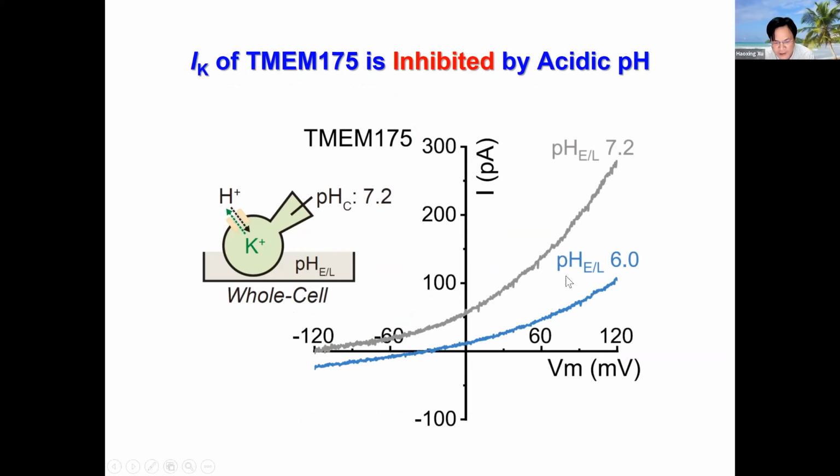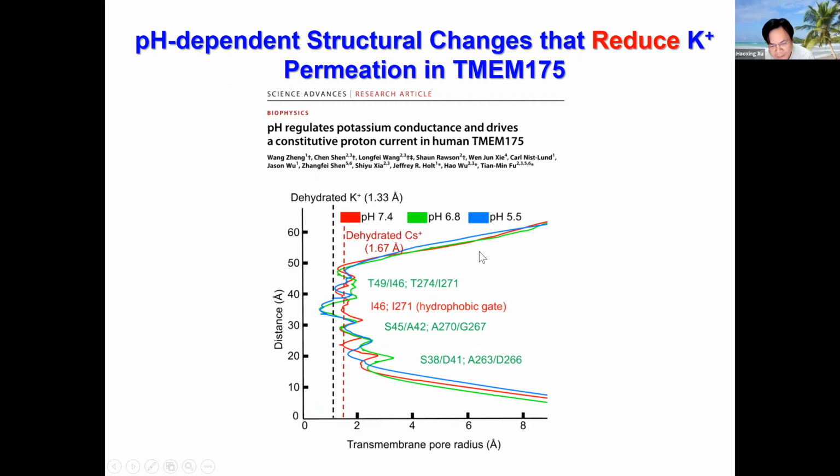At this point, a paper came out in Science Advances from Min-Fu Kim's lab at Ohio State University. This is several weeks before our paper was officially accepted. So their results are very similar to our overexpression studies.